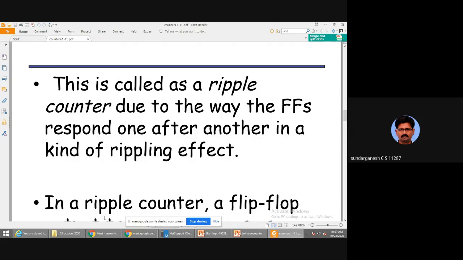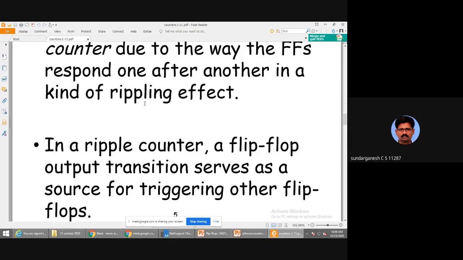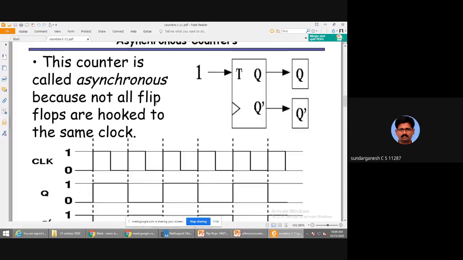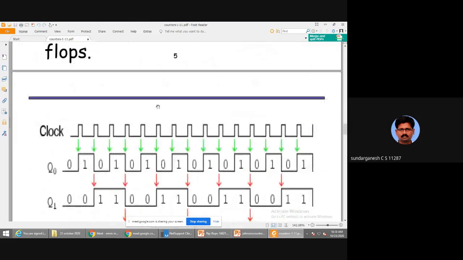So in a ripple counter, a flip-flop output transition serves as a source for triggering other flip-flops. If we look at this diagram, this is the clock. Q0 is the first flip-flop output. Q1 is the second flip-flop output. For the second flip-flop, you have to take the input from the previous flip-flop output.